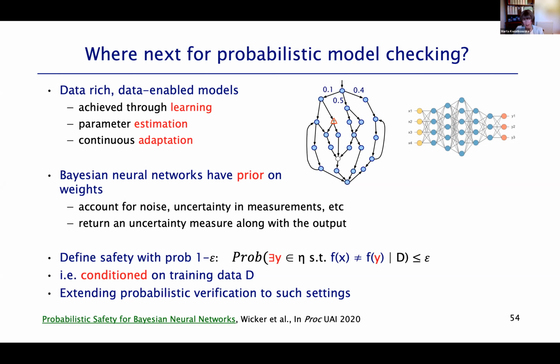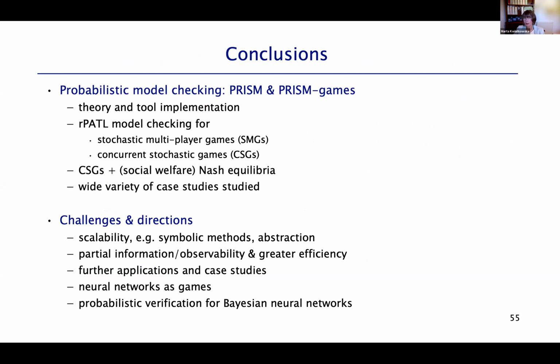I'm now working on extending probabilistic verification to such settings, which started with a paper at UAI this year. Just to conclude, I've given you a very quick tour of what mainly PRISM-games can do.